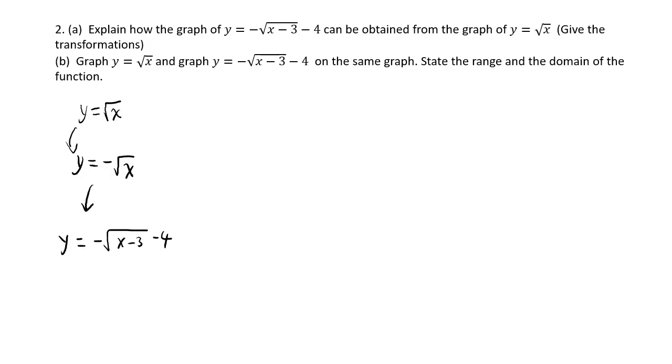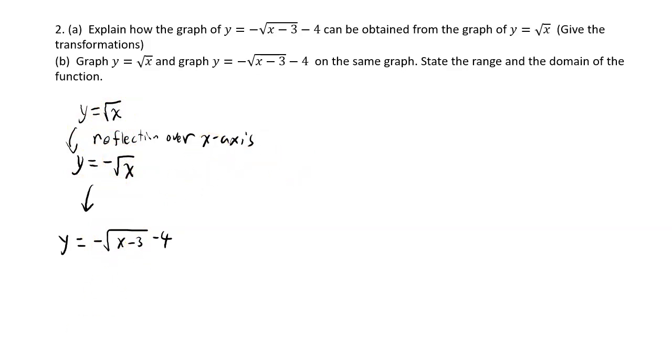Now this first operation is a reflection over the x-axis, because if you put a minus in front of the graph, you end up making the graph go upside down over the x-axis.